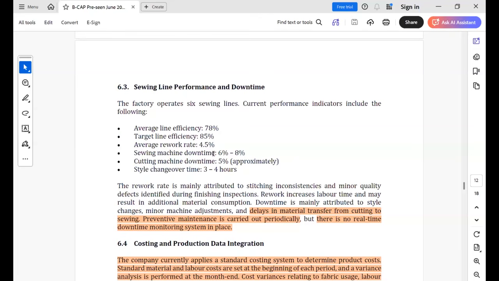Then sewing machine downtime 6 to 8%. So this also indicates that you don't have a proper preventive maintenance mechanism in place, right? These things would not happen if you had that preventive maintenance.